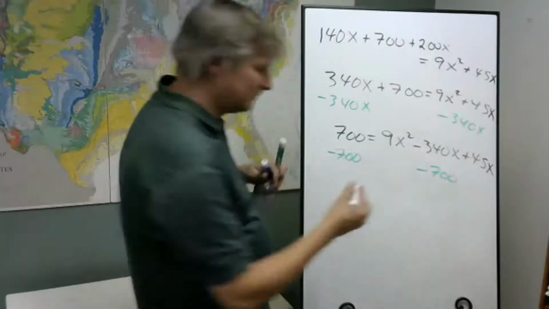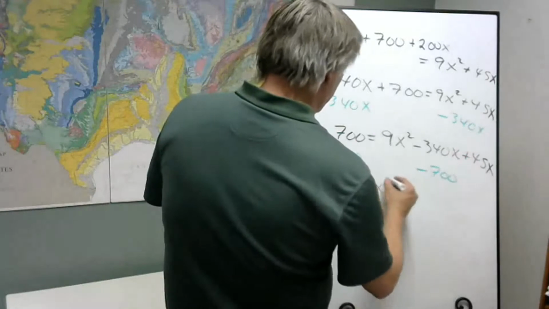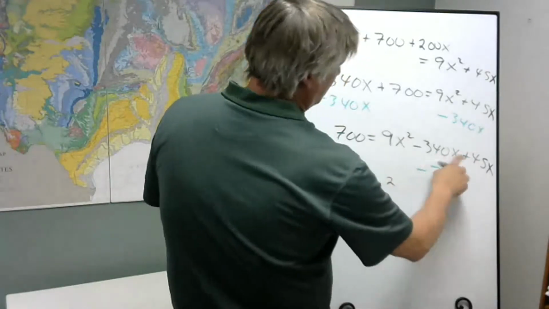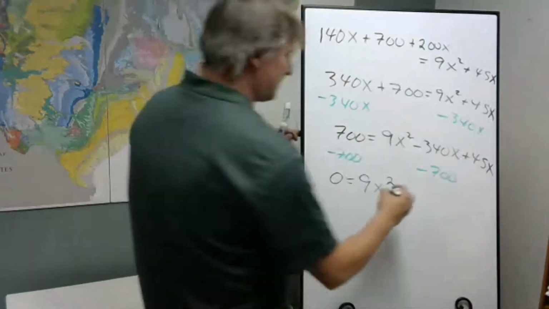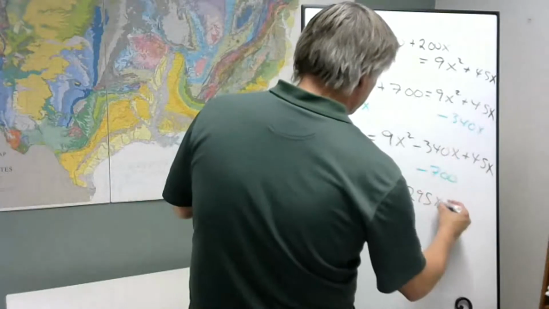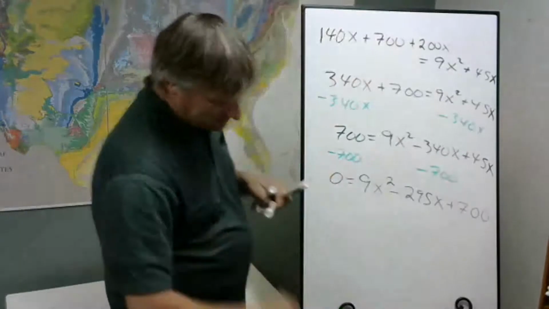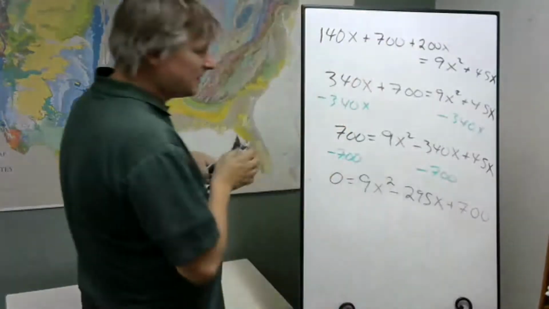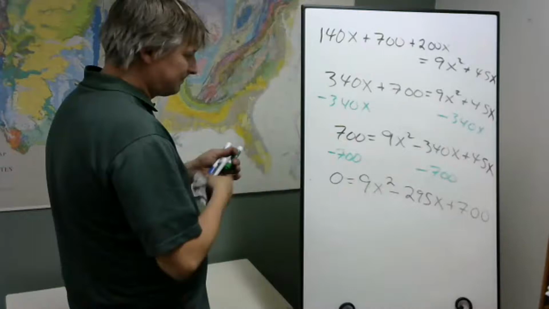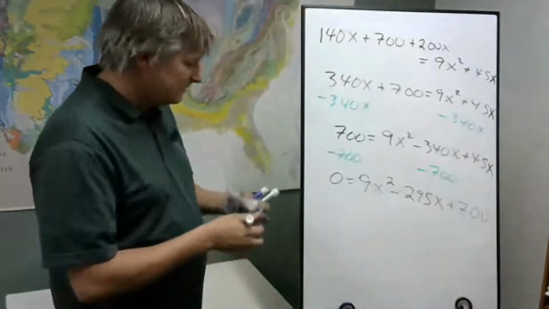Well, continuing on. 0 equals 9x squared minus 340x plus 45x, which is minus 295x, plus 700. All right, so the numbers on this are going to get big. So let me double check here. Okay, that looks good.